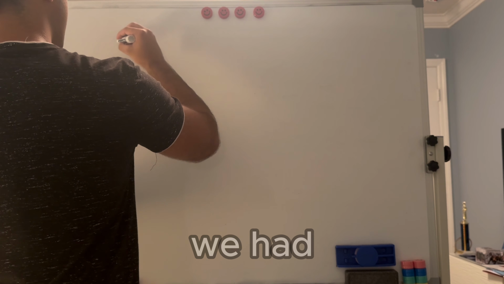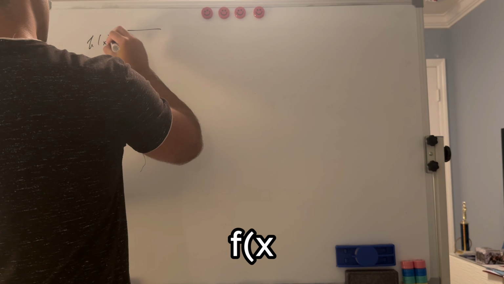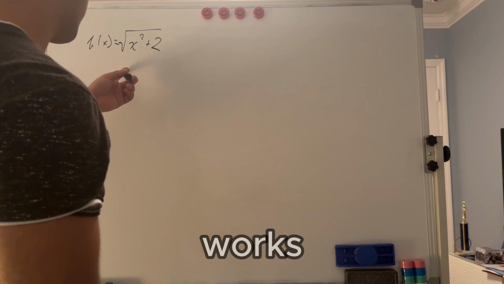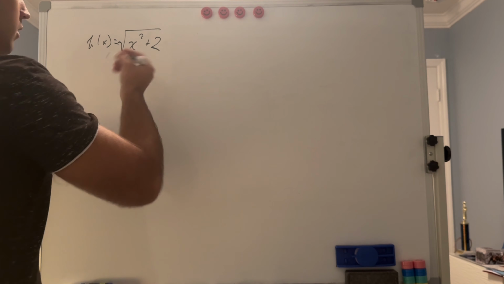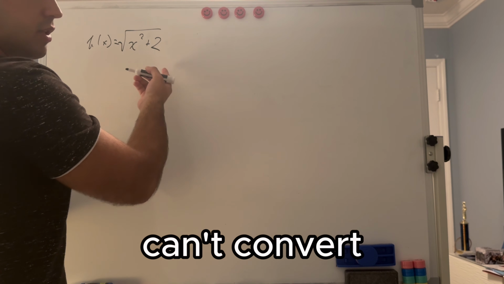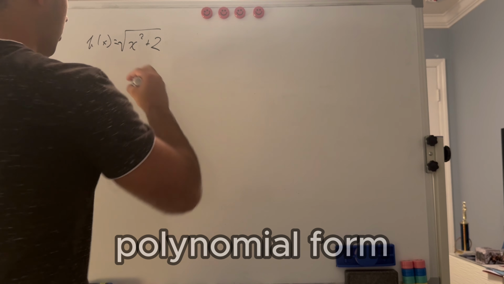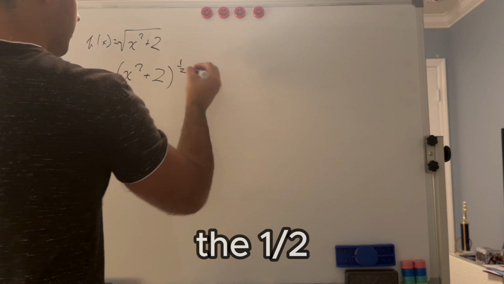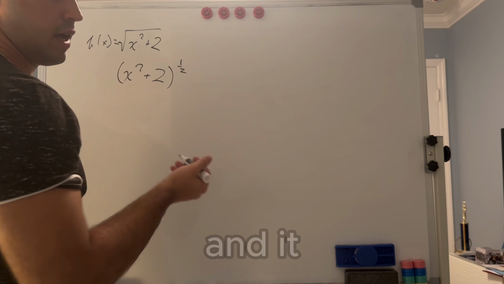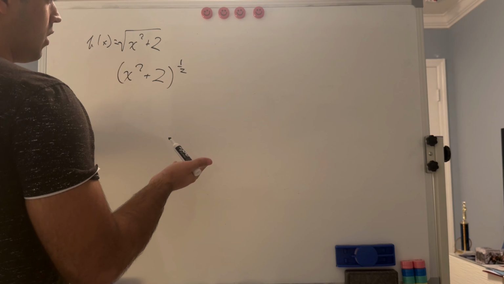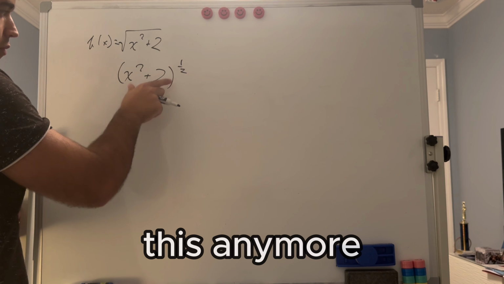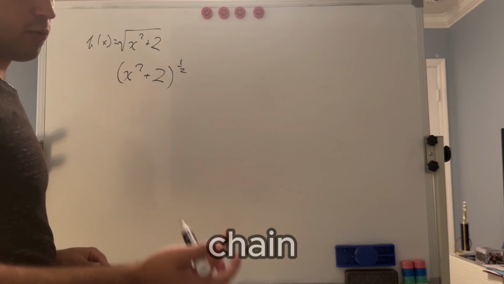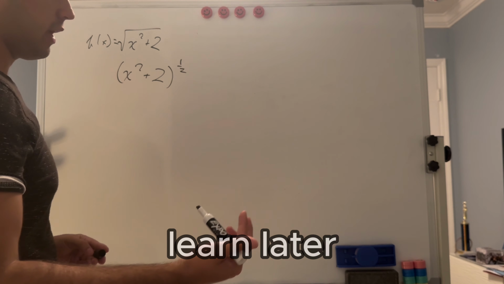So if we had something like f of x equals the square root of x squared plus 2, the power rule no longer works because you just can't convert this to polynomial form. When you try, you end up getting x squared plus 2 to the 1/2, and you can't take the derivative of this anymore. It doesn't work. You'll need to use the chain rule, which you learn later on.